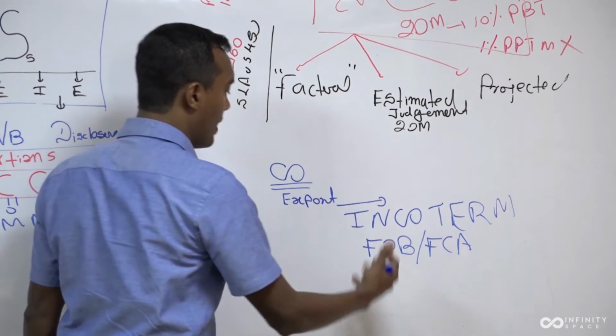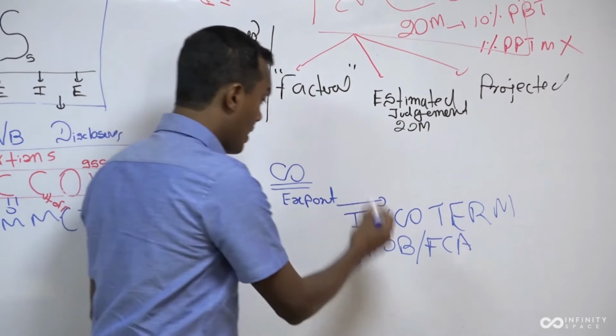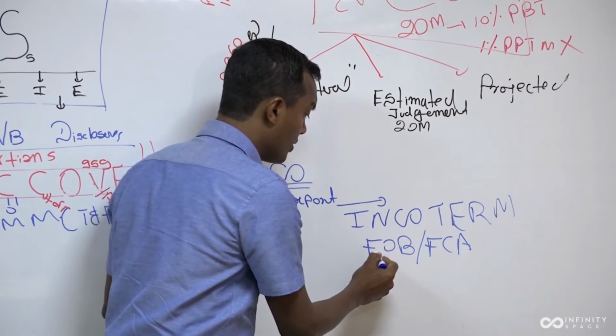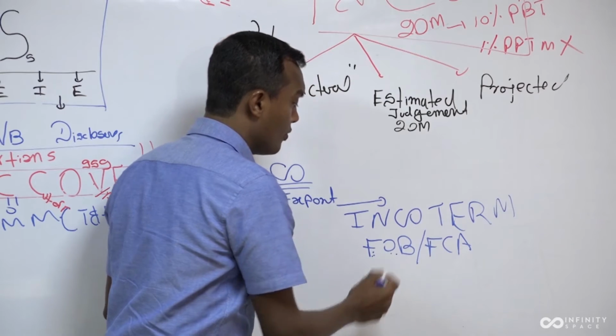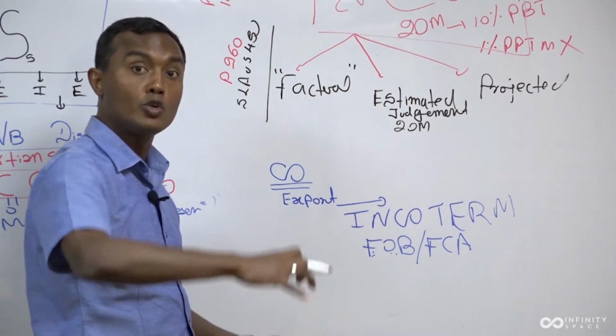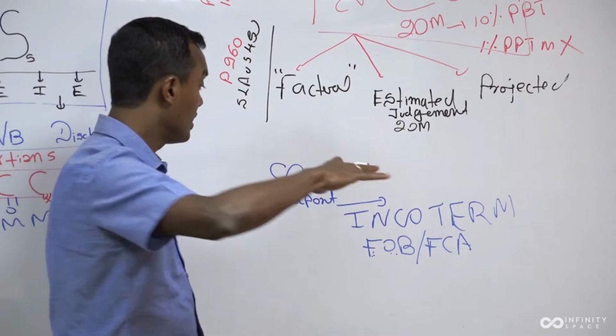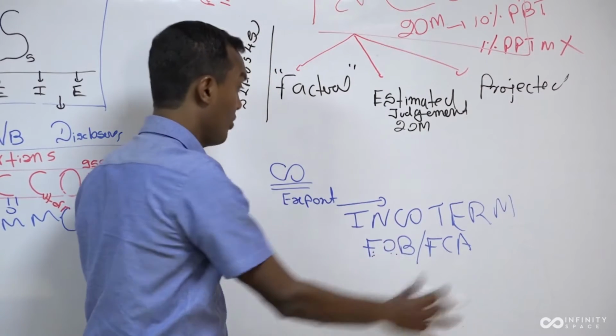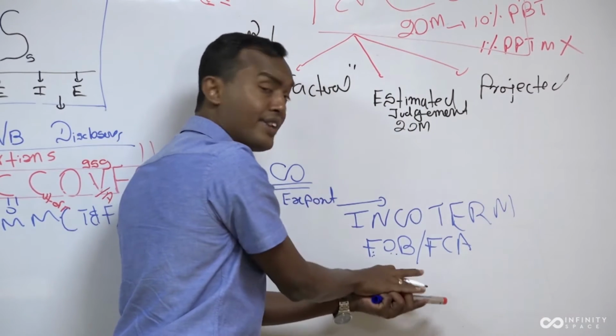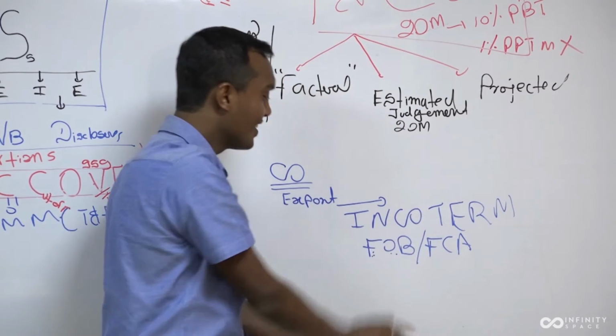Now if you take FOB contract, what is FOB? Free on board? When the goods are on the vessel. Now if I draw a vessel here, when the goods are on the vessel, then only you can recognize the revenue.